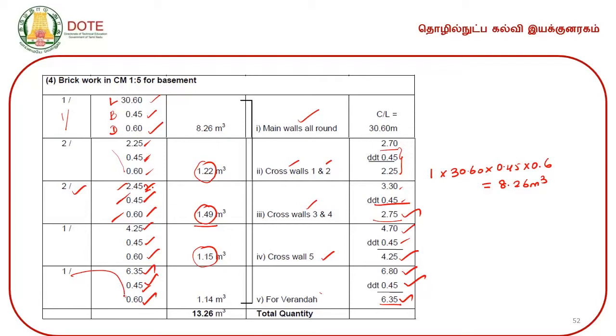Then multiplying all these values, we are getting 1.14 meter cube. Therefore the basement total quantity, adding all these values, we are getting 13.26 meter cube.